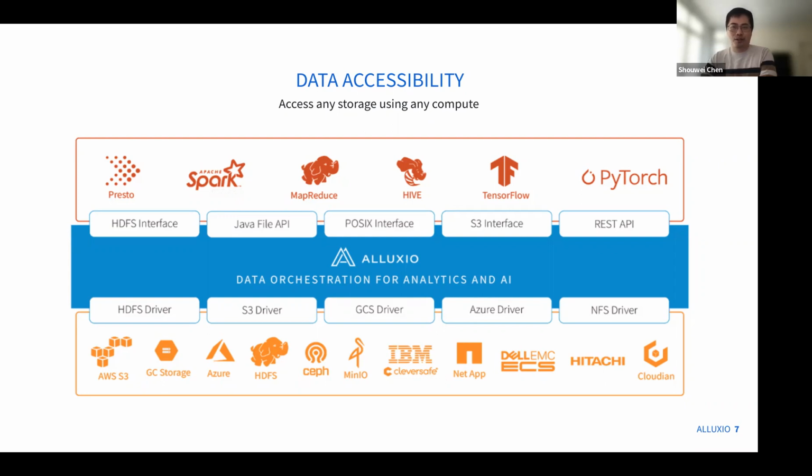And for storage, there are also a bunch of storage systems like S3, GCS, Azure, HDFS. So it's very hard nowadays to build a comprehensive solution to connect all of them together. So Alluxio lies in the middle of these frameworks, so it's easy to help you connect the computing framework with different storage systems.